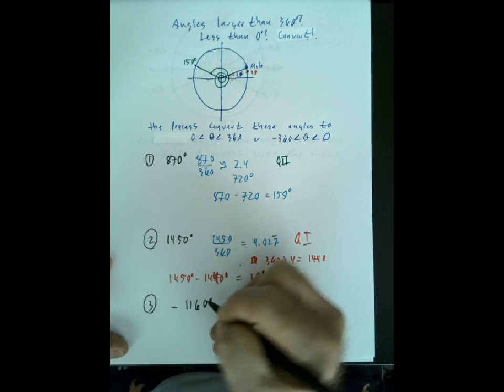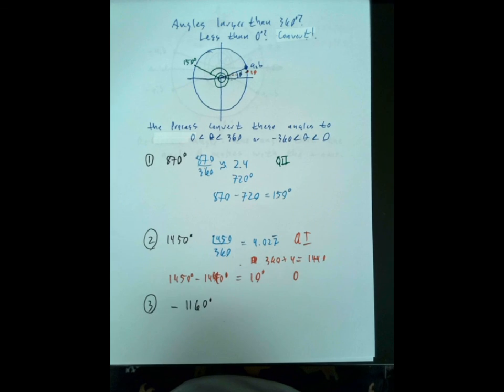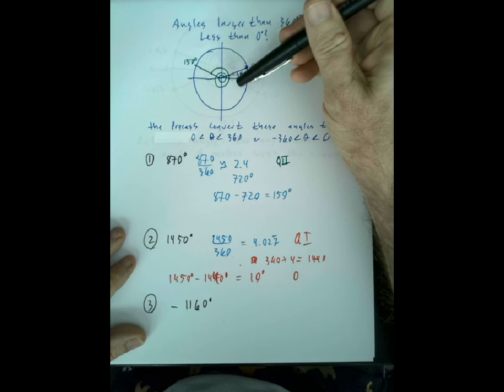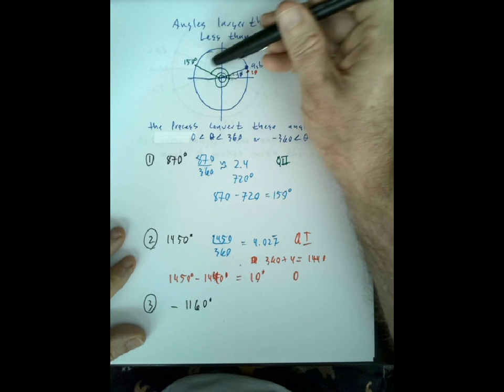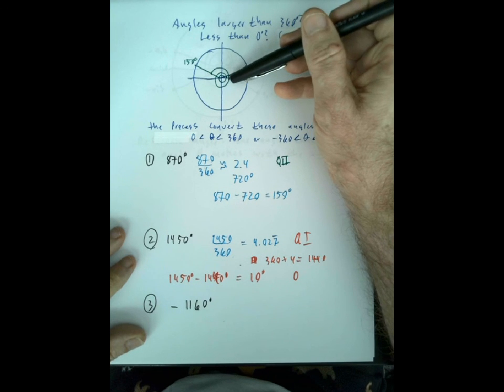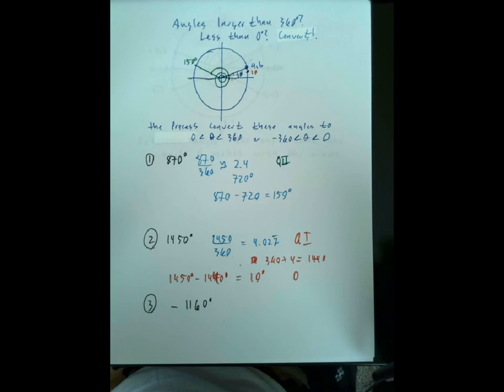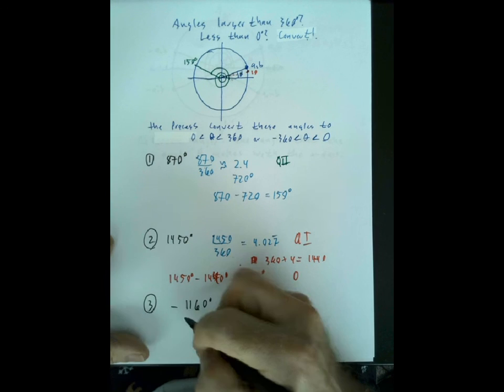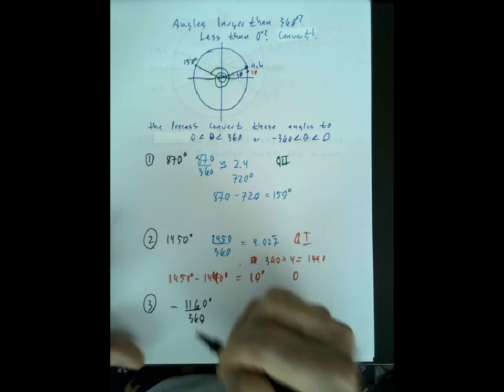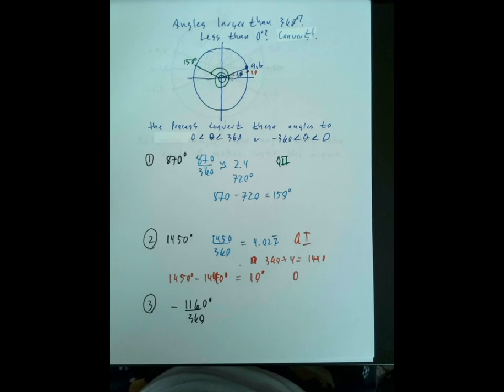1160, right? That's starting here, you understand, 1160 degrees around, where each rotation backwards would be negative 360. So I'm still going to divide by 360, because we're still counting how many excess rotations that is.